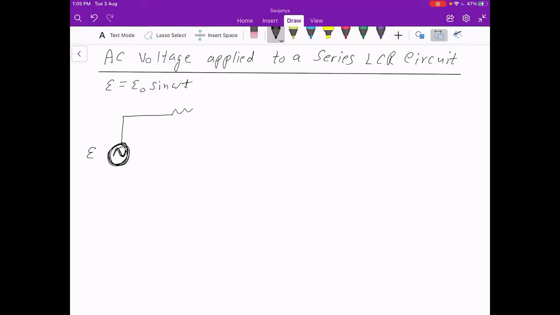You could go like this: R, C, and L. Or L, C, and R. Three elements are connected in series to each other.